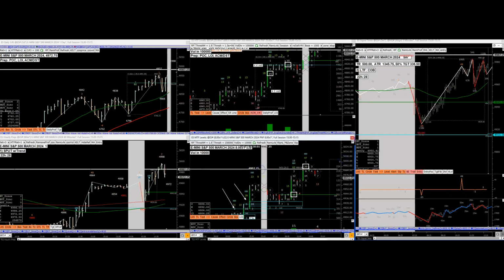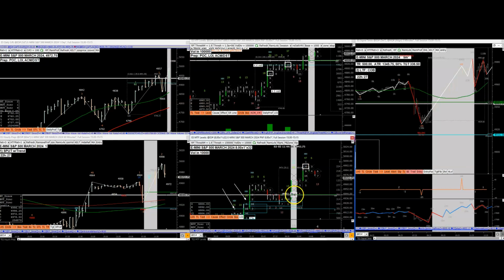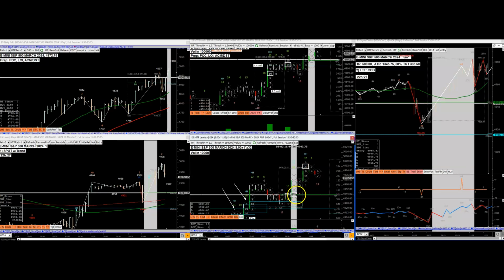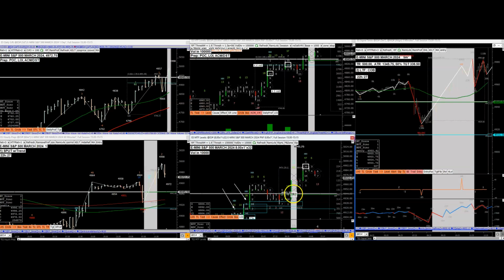Now, using the same logic, there is a level at 16. You see that? There is a level at 16.